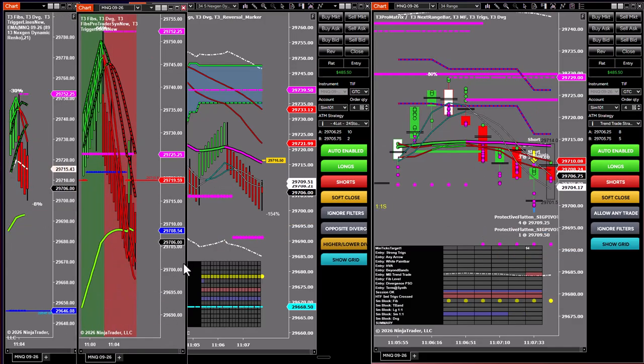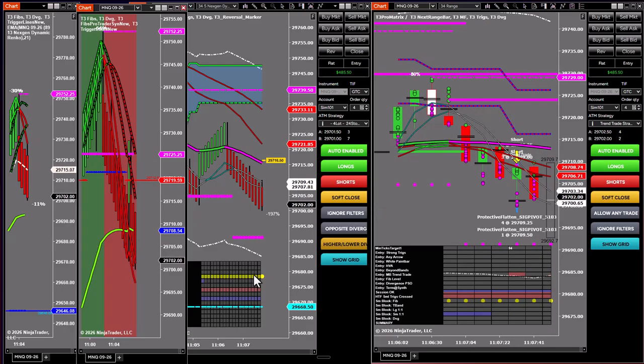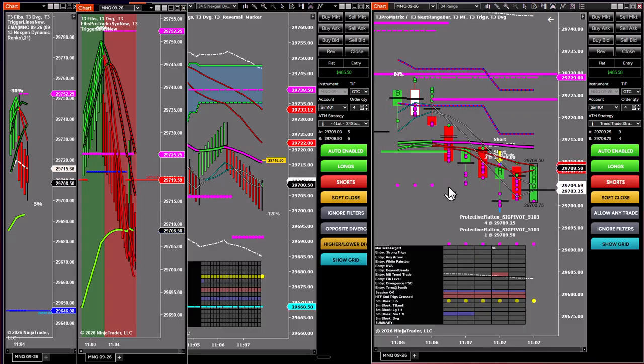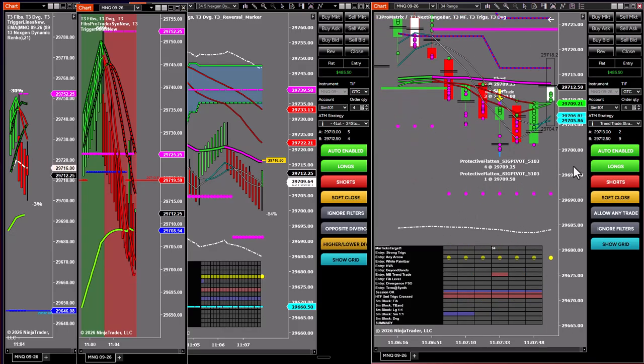Well, that was quick. Looks like it submitted a short order, but it didn't have a stop in place, so it flattens itself instantly. So it looks like a break even.